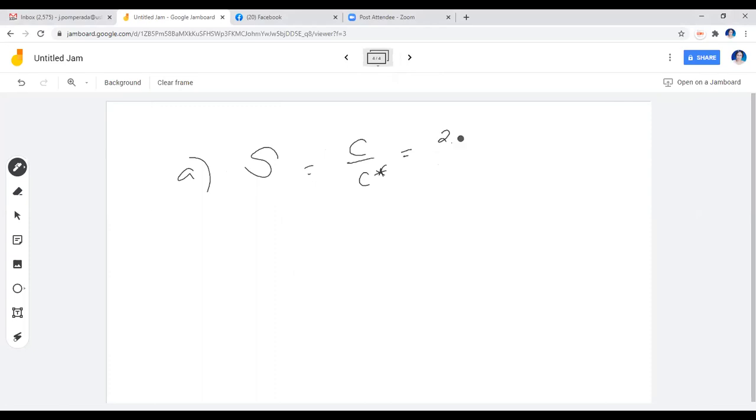So you have here a 2.45 over 2.04, because the unit of these two is kilogram sucrose per kilogram water. This is also kilogram sucrose per kilogram water. It doesn't mean, class, that your supersaturation ratio has a unit of kilogram sucrose per kilogram water.